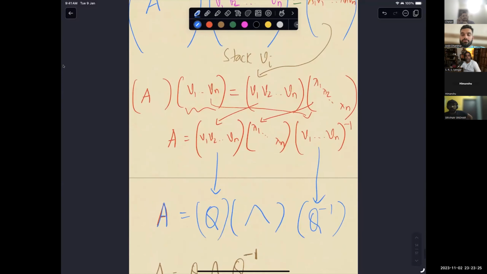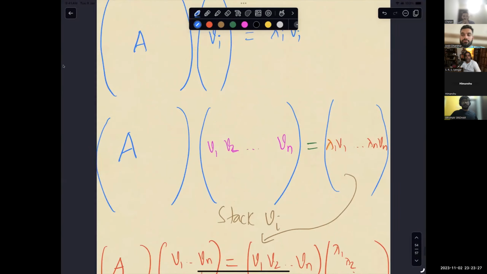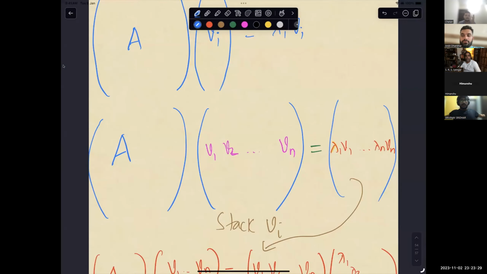And I can keep those eigenvalues in a diagonal, because if I multiply by a matrix where I have the eigenvalues in my diagonal, I will essentially get the same thing, that is lambda 1 v1, lambda 2 v2, and so on, lambda n vn. So I said, okay, I can do it. Now I have my eigenvectors separate and my eigenvalues set.